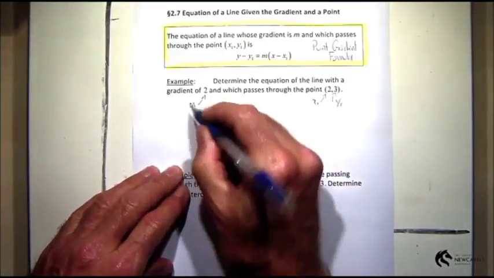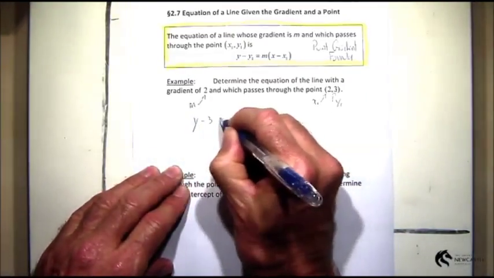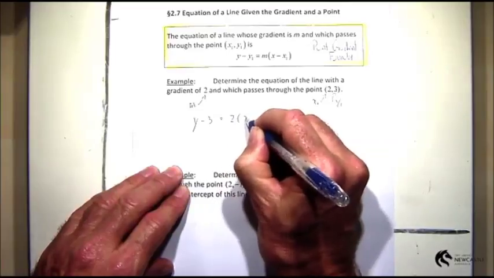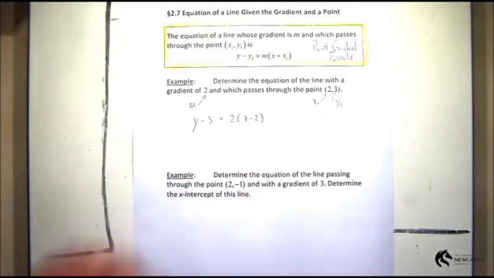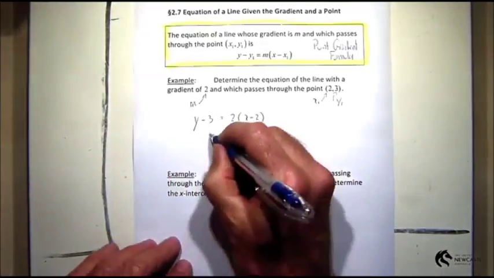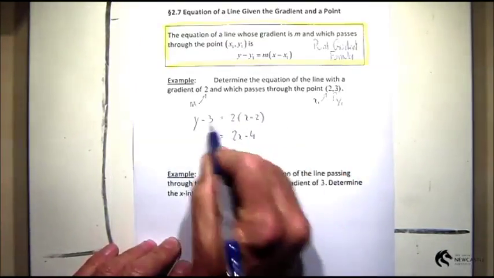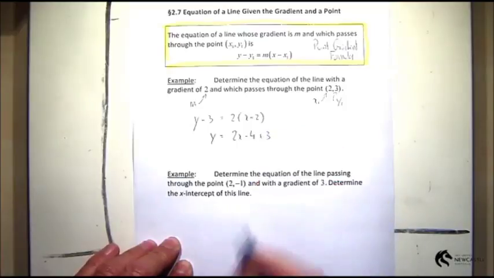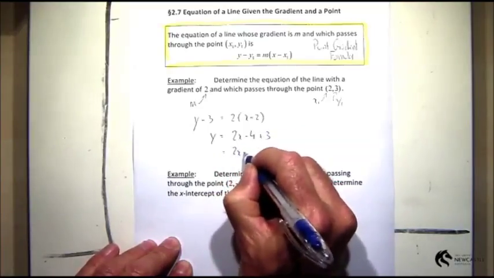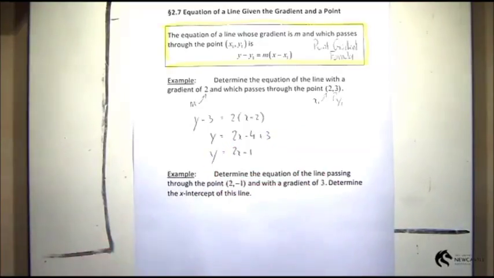And so I have y minus y1 is equal to m x minus x1. So y is equal to, let me multiply that out, I'll get 2x minus 4. Now add the 3, and that becomes 2x minus 1. And there it is, same equation.